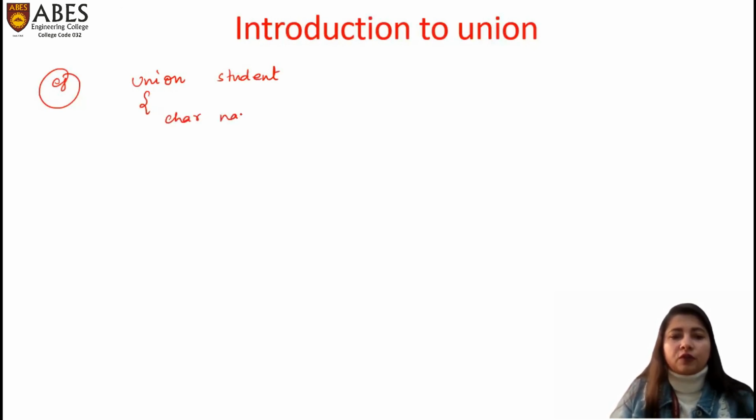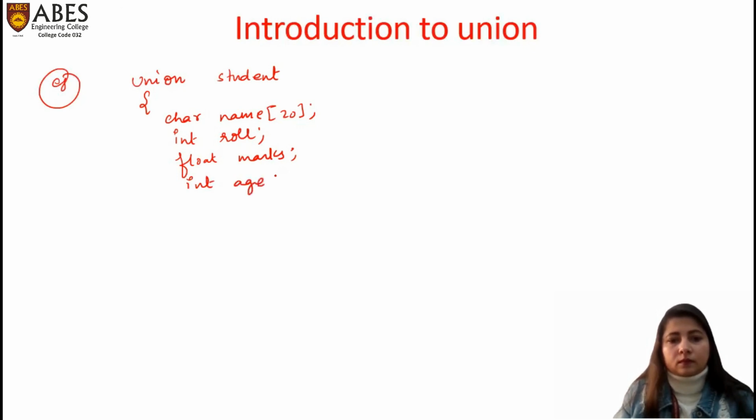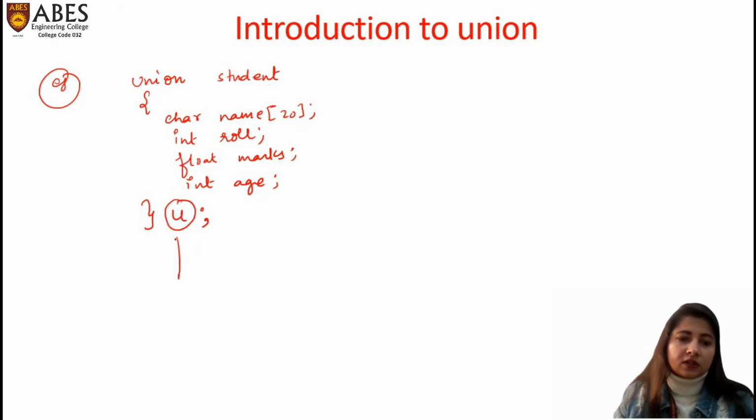And the information that we want to store would be in the form of members, say name, and then we will declare a union variable, let's say U. So here the memory will be allocated to this union variable, which is U. This can be any valid identifier.